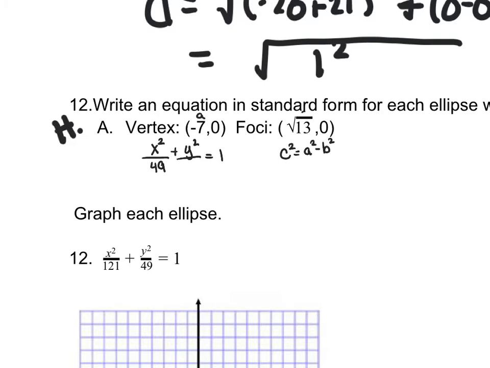So this is your c. So 13 squared equals 49 minus b squared. We minus 49. So negative b squared equals negative 36, so b squared equals 36.